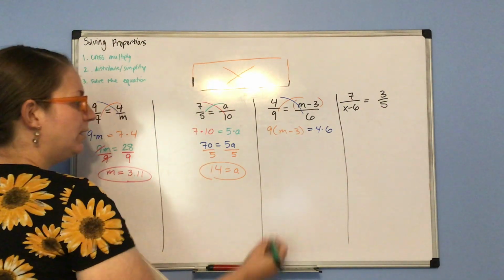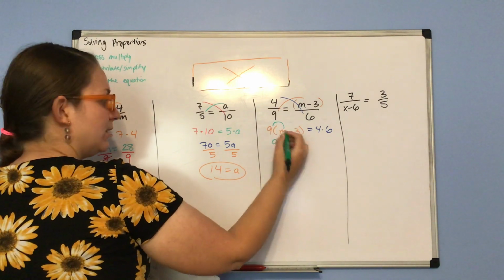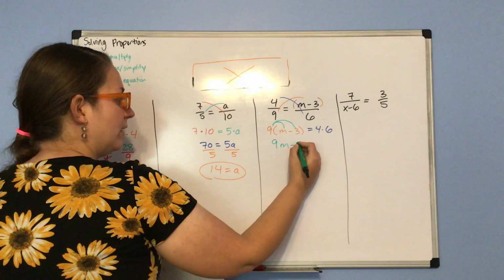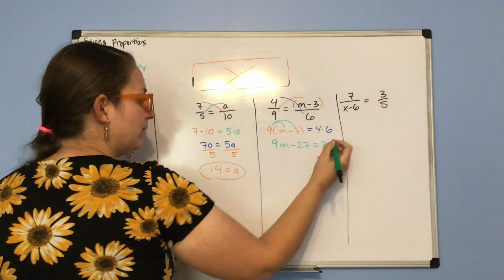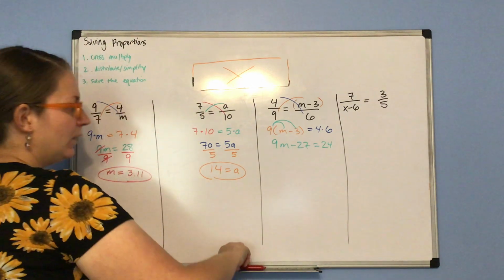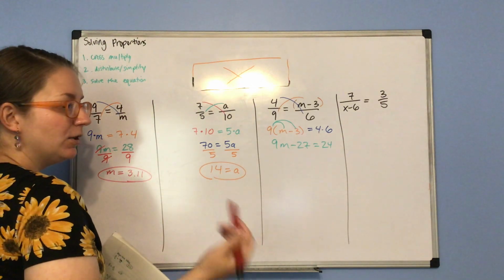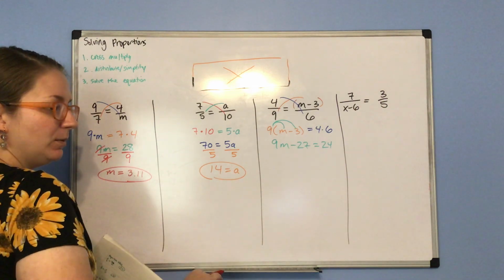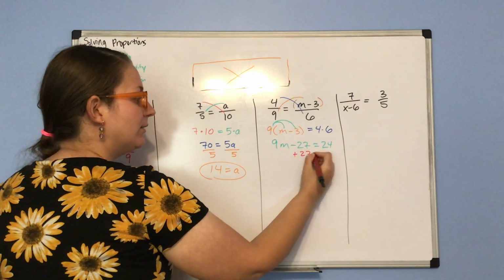Doing my multiplication there, I need to distribute on this side. 9 times m is 9m. 9 times negative 3 is negative 27. 4 times 6 is 24. It'll be more than one step to get m by itself. Remember, usually we get rid of addition or subtraction, then we get rid of multiplication or division. So undo minus 27, I'm going to add 27.